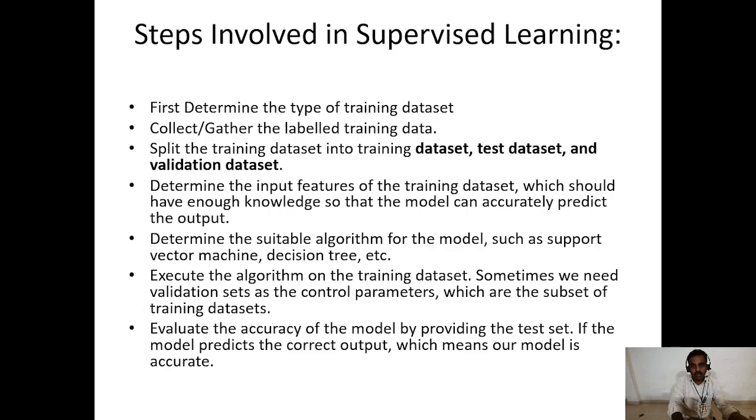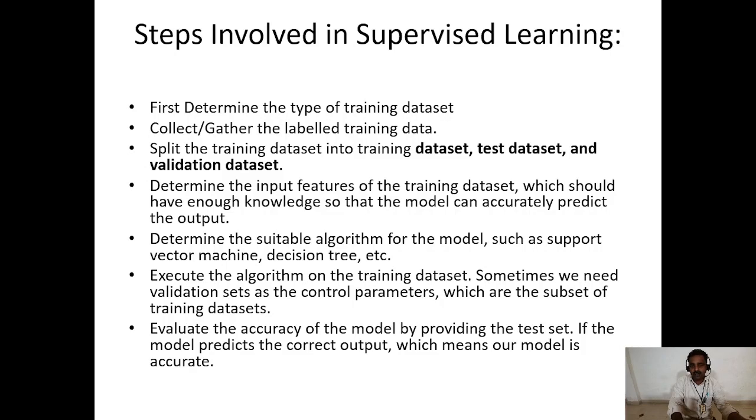Next, what are the steps involved in supervised learning? First, determine the type of the training data set. Second, collect or gather the labeled training data. Once the labeled data is collected, you have to split it into two sets: one is the training data set, and the second is the test data set.